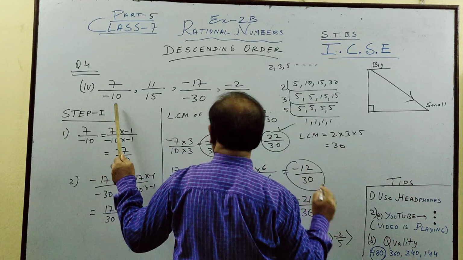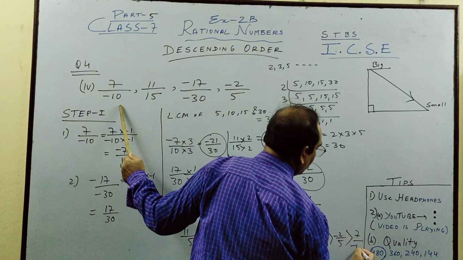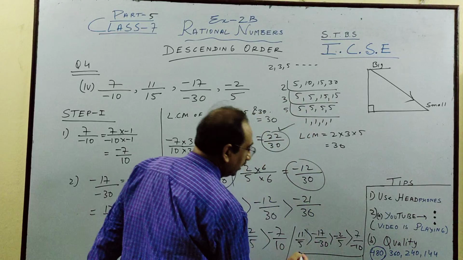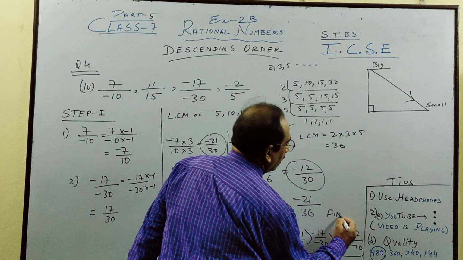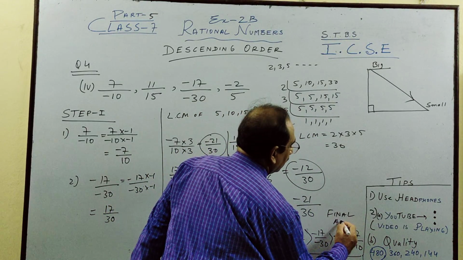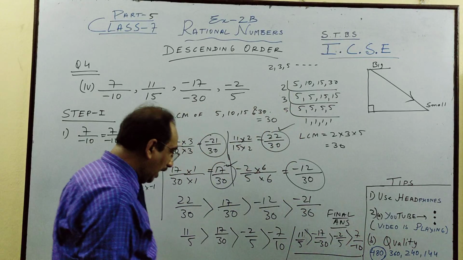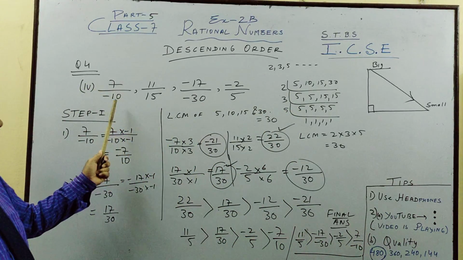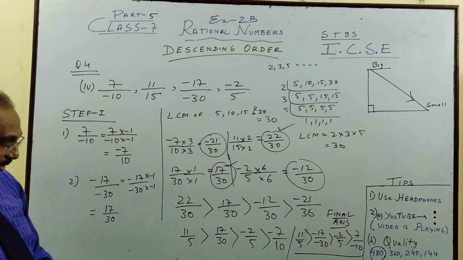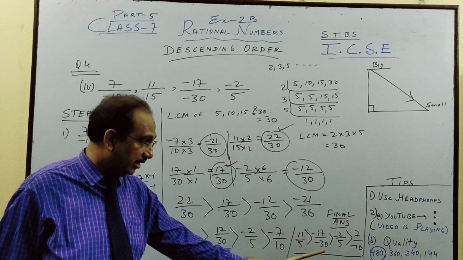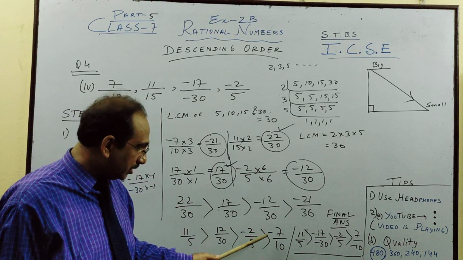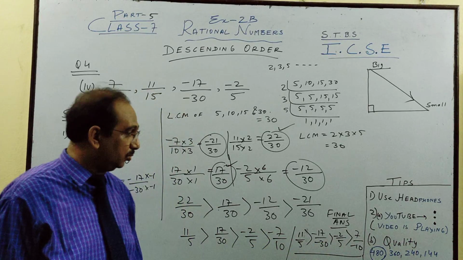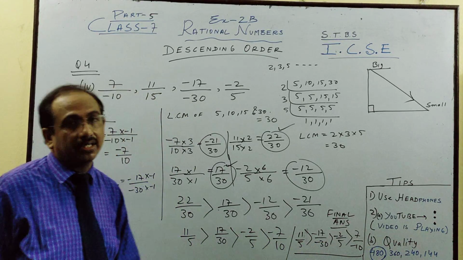So 7 by minus 10. So this is your final answer. Once more, here I have put it with a positive denominator, but some questions were with a negative denominator. So see, this was actually both negative. This one was minus 10 down. So this is your final correct answer.